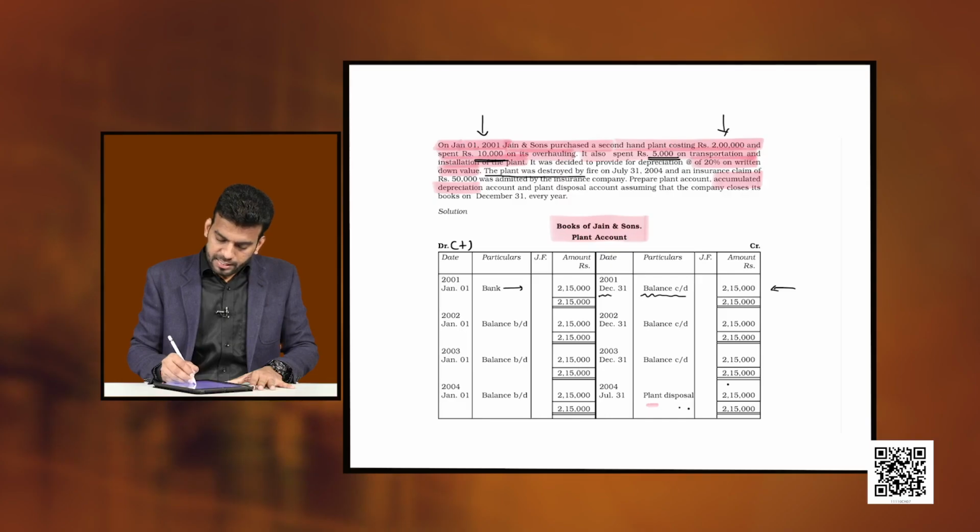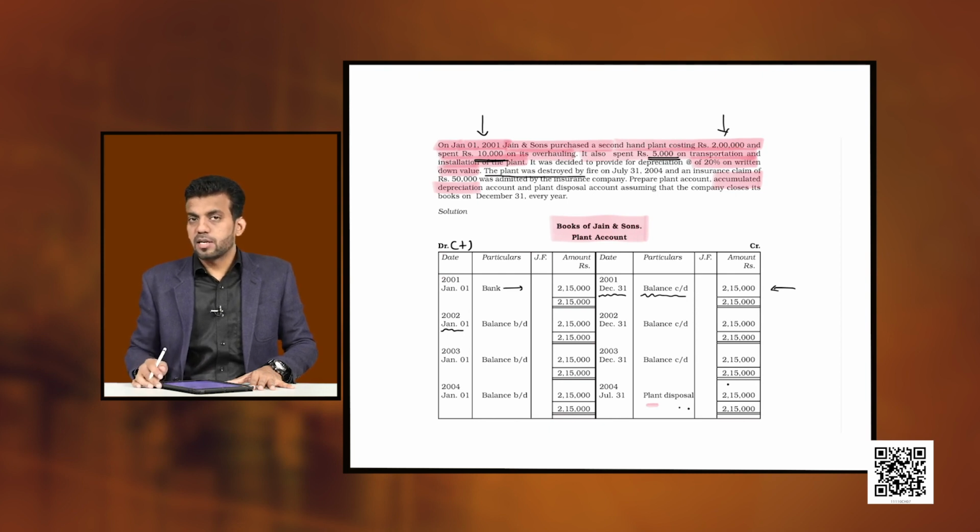Okay. Now, whatever the balance in the machine is going to be constant until the machine is sold. I repeat, the balance of machine is going to remain constant until the machine is sold. So, as you see, the year is starting from 1st January, so the financial year comes to an end on 31st December.